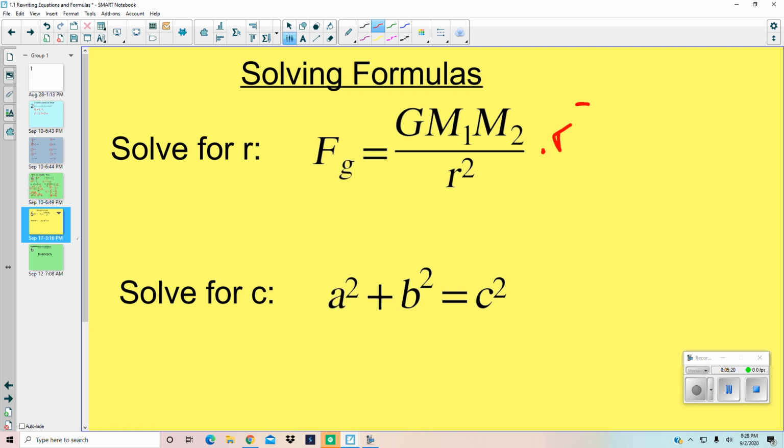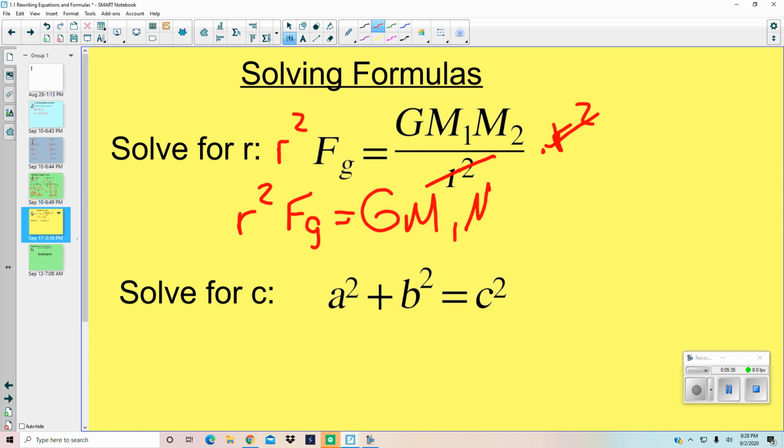So if I multiply by r squared on both sides, it cancels here and here. Then what I have is r squared f sub g equals g m sub 1 m sub 2. The subscripts just identify the different variables. Now I have to divide this whole thing by f sub g.